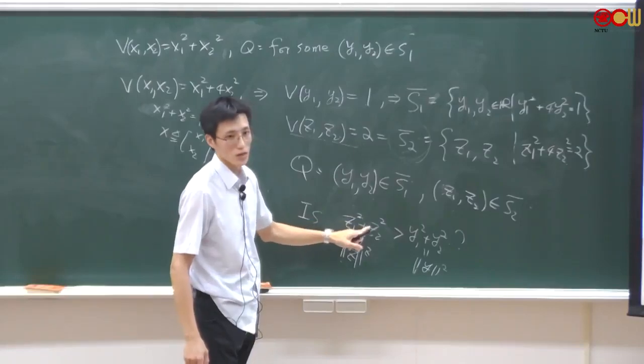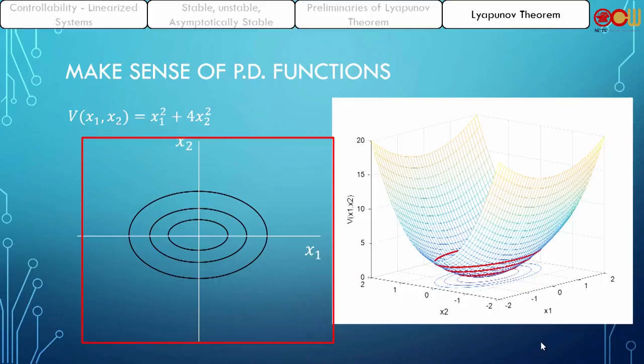There's no 4 here. That's why the contour of the level set is an ellipse, right? But the distance from a point on any orbit to the origin is not always greater than that of a point on a smaller orbit.